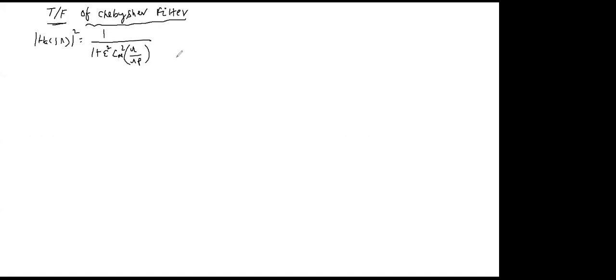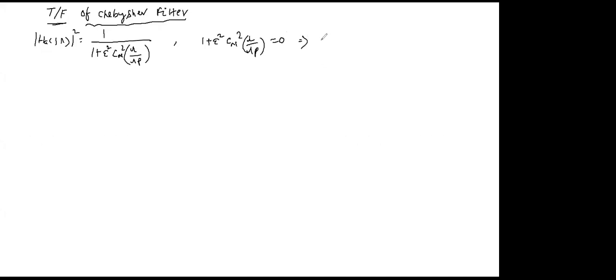To find the poles of the filter, I must put the denominator equal to 0. Yes or not? That is 1 plus epsilon square Cn square of ω by ωp equals 0. Then what we will get?